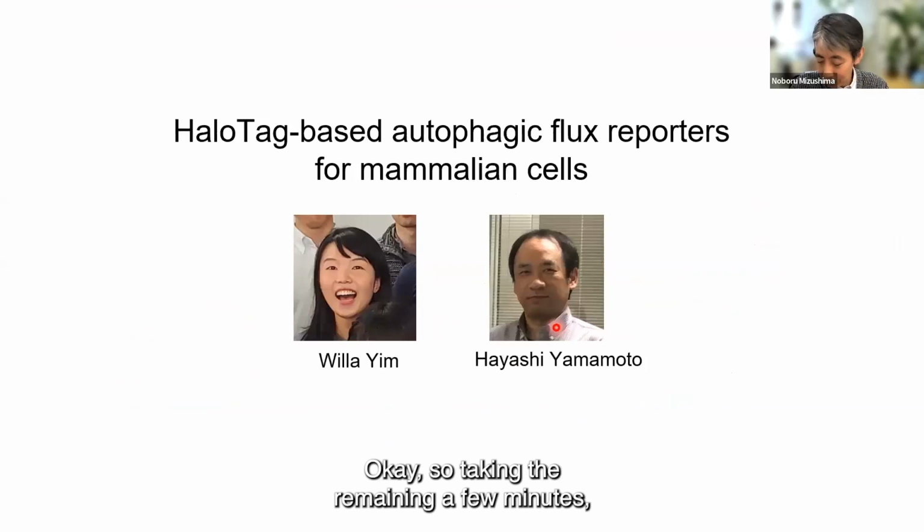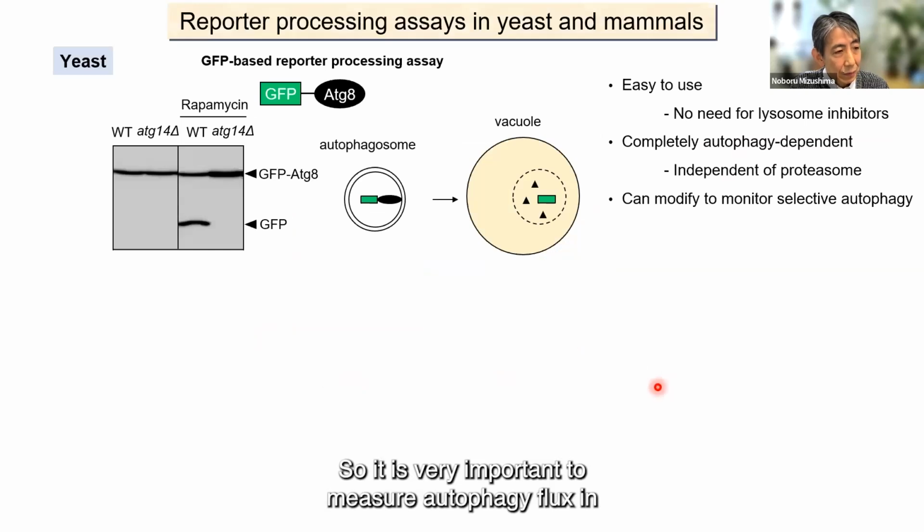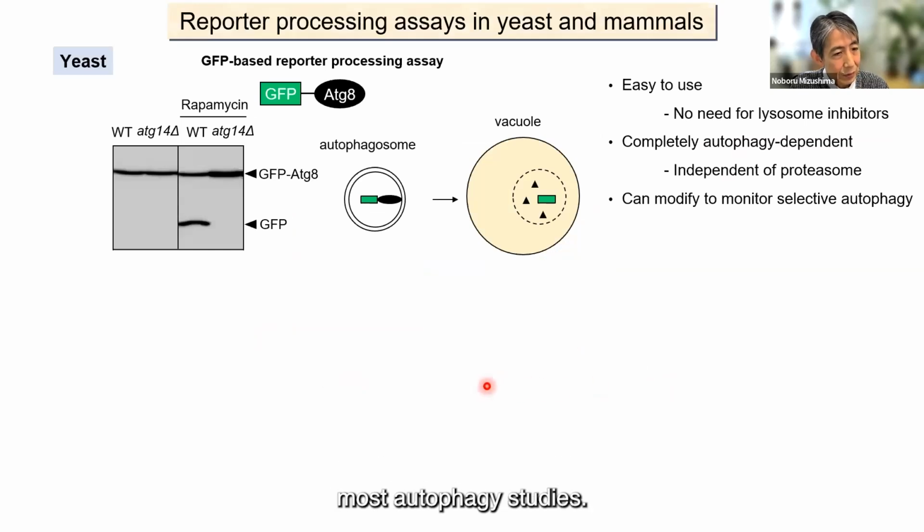Okay, so taking the remaining few minutes, I'd like to quickly talk about new autophagy flux reporters. These are contributions from Wheeler Im and Hayashi Yamamoto. It is very important to measure autophagic flux in most autophagy studies.